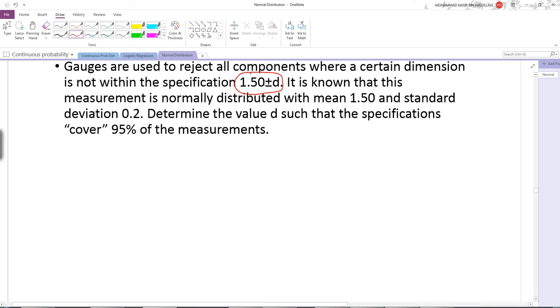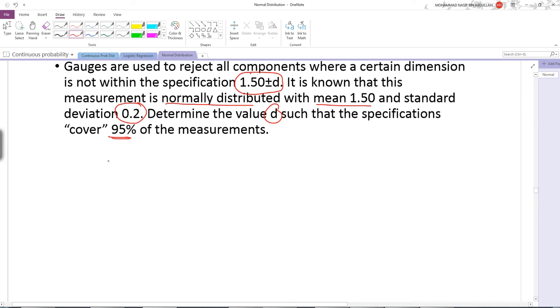It is known that the measurement is normally distributed with mean 1.5 and standard deviation 0.2. Determine the value of d for which the specification covers 95% of the measurements, meaning 2 standard deviations.